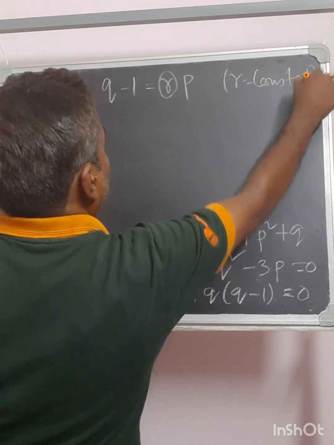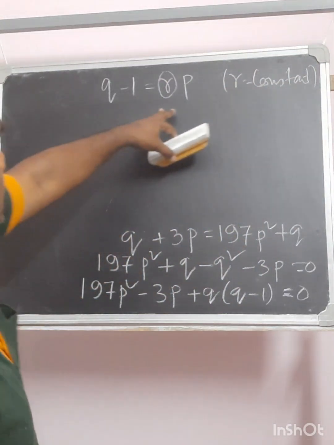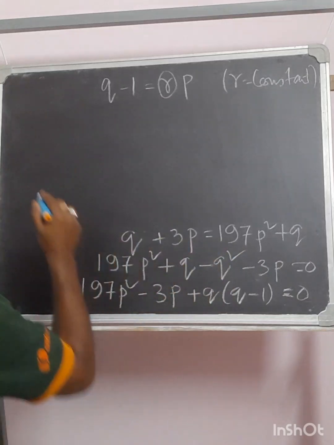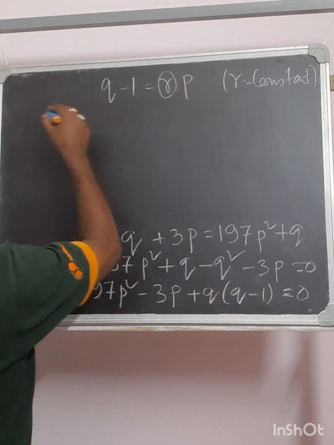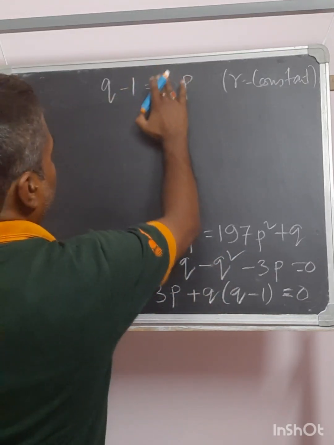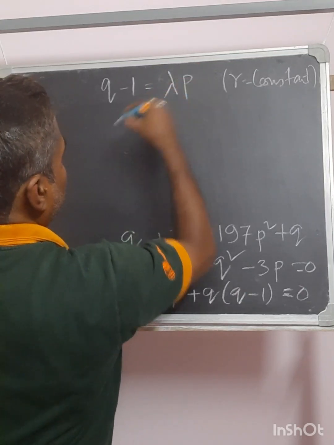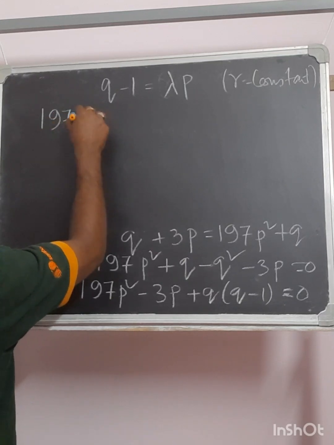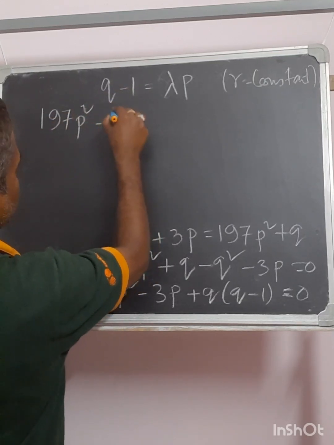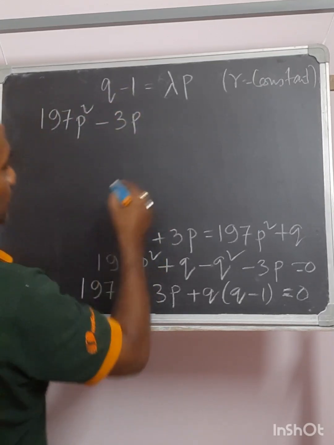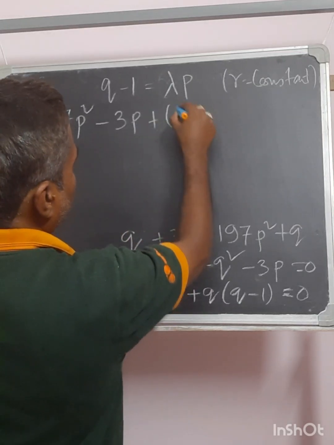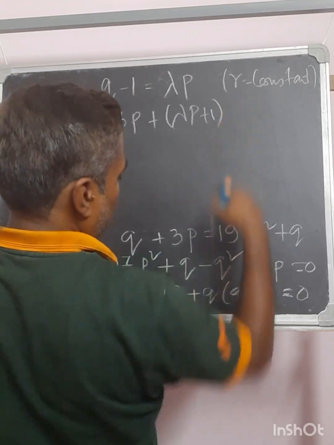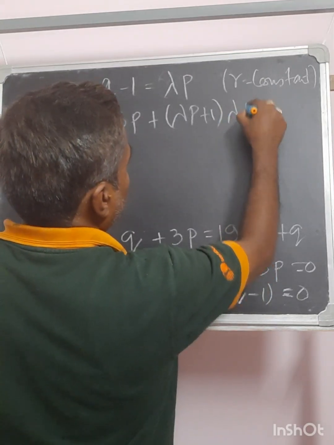So Q minus 1 is a function of P, then this expression holds good. So if I take Q minus 1 is equal to lambda P, any constant lambda, and if I put it like that, P square minus 3P plus Q will be lambda P plus 1 into Q minus 1, which I have already taken, is equal to 0.